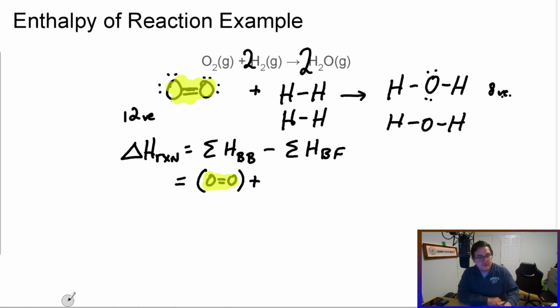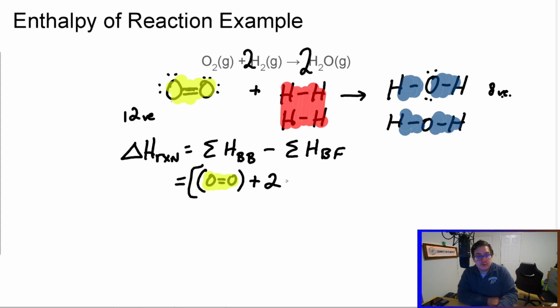We now need to include our hydrogen bonds. And last one, our hydrogen-oxygen bonds. So let's try writing these out and see if we got it right. Bonds broken, that's going to be the oxygen-oxygen double bond plus 2 of the hydrogen bonds.